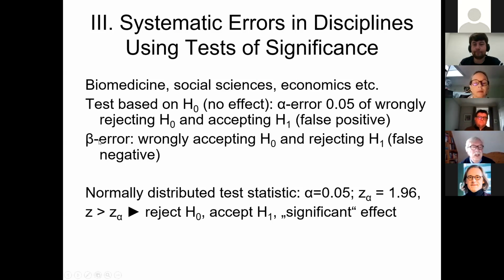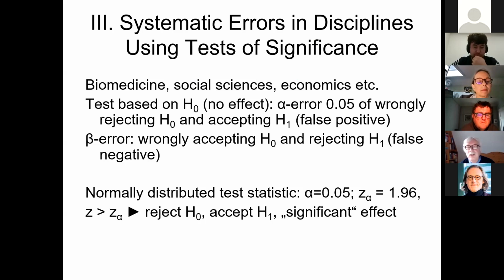And then there's a beta error, that we wrongly accept the null hypothesis. Say it's a simple test with normally distributed data. The critical value is 1.96 for alpha 0.05. This is Neyman-Pearson test statistics.